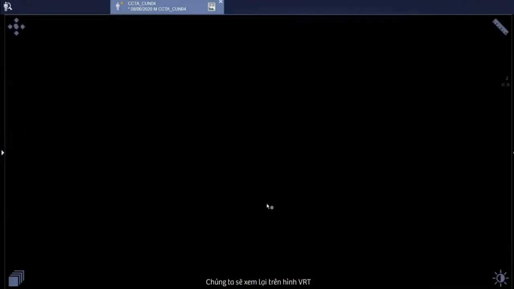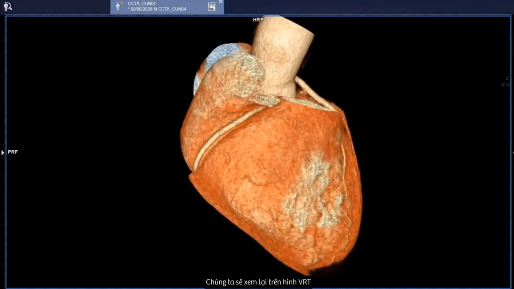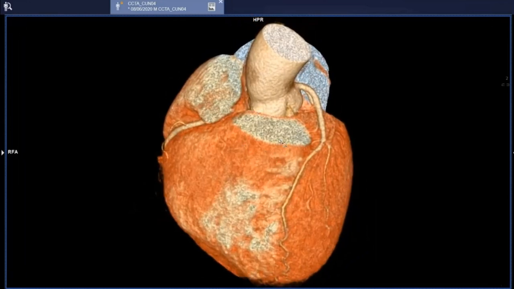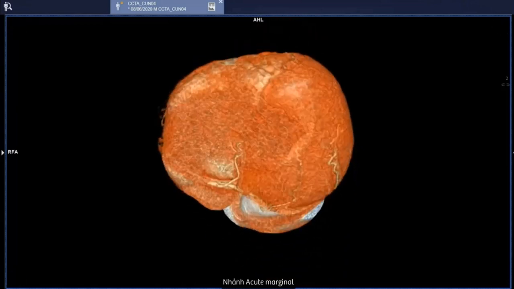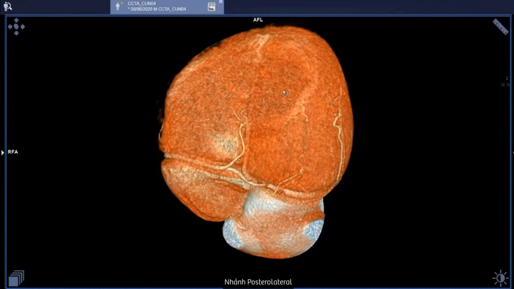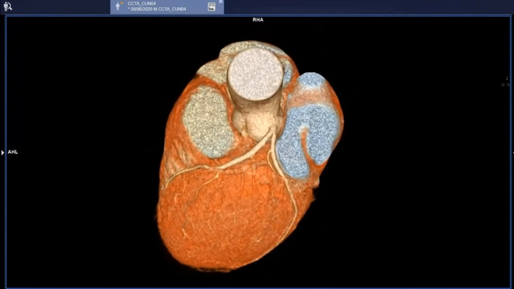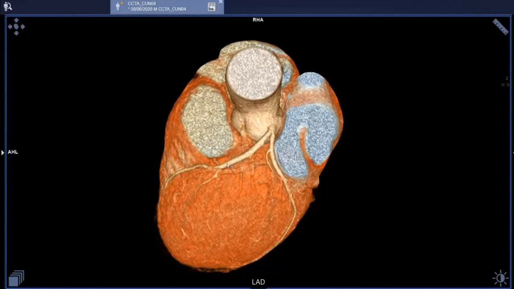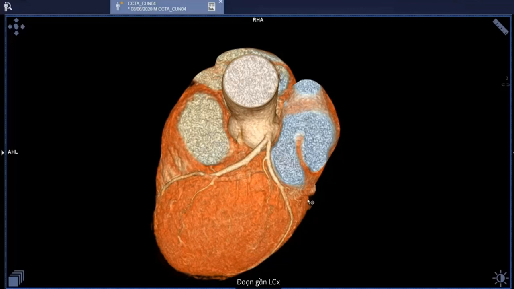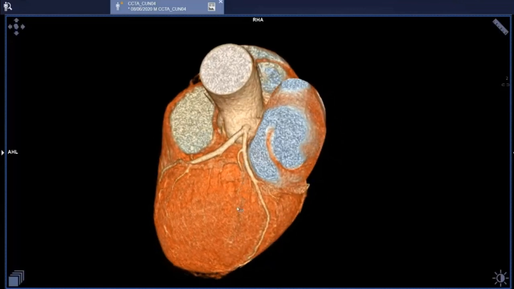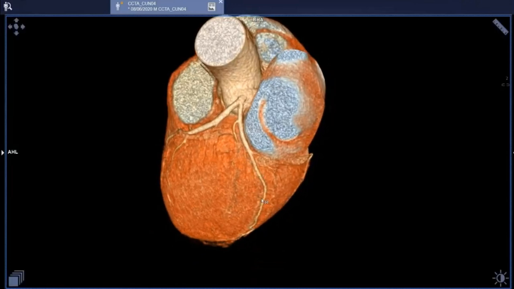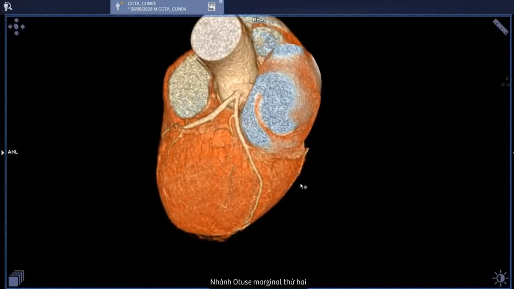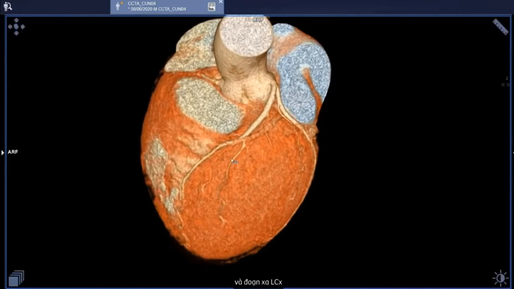In the volume rendered image, again, the conus branch, the acute marginal branches, posterior descending, posterior lateral branch, left main, LAD, the proximal segment, mid segment, distal segment of the LAD, proximal LCX, obtuse marginal branch, second obtuse marginal branch, and the distal LCX.